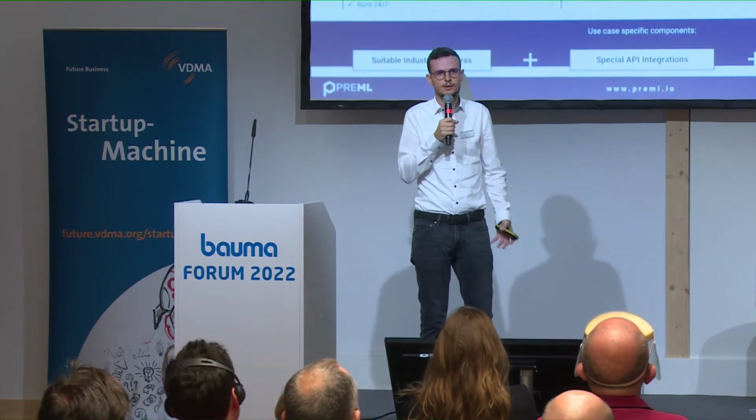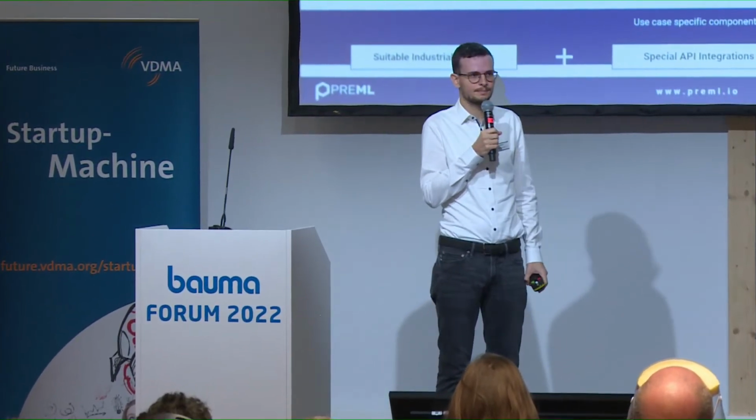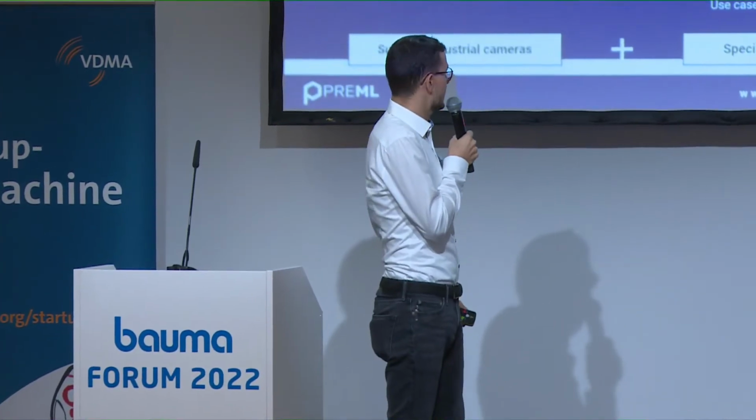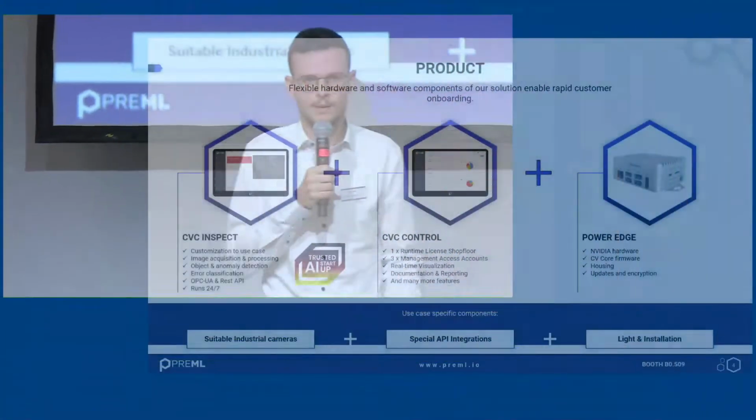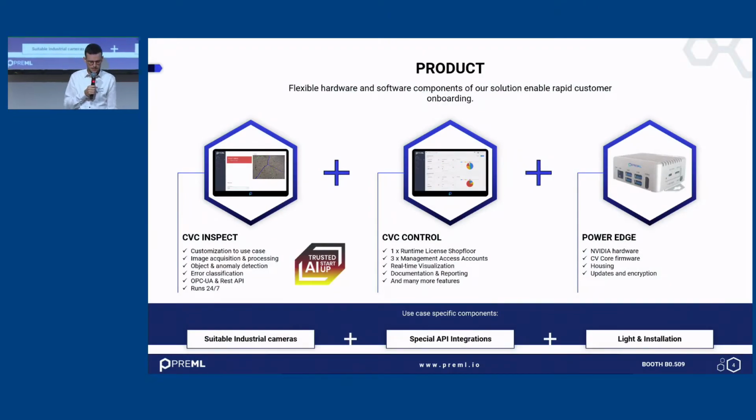It's basically a computer with a very strong GPU. What is very dependent on each use case is what kind of cameras we use, the special APIs for communicating with the SPS or with the ERP system, and later on also the light and installation.